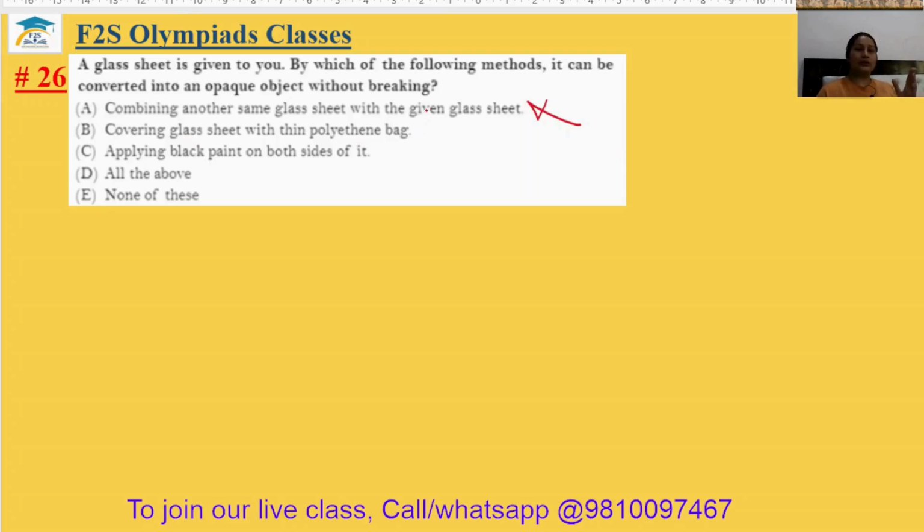If you cover it with a thin polythene bag, then it will become translucent, not opaque. This is also wrong. Applying black paint on both sides of it. Yes, it will work. If you apply black paint on the glass sheet, then it will not give permission to pass light through it. Okay? The 26th answer is option C.